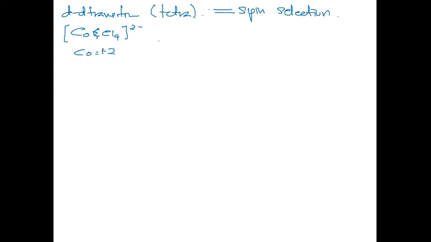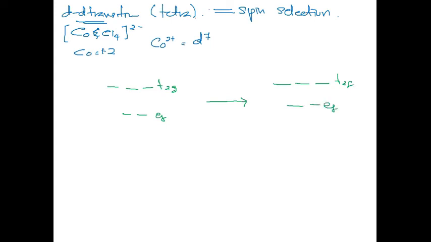Co2 plus, if you do the electronic configuration, you will get 7. So we arrange it, because it is a D to D transition, and because this is a tetrahedral, the T2 will be at the top and the E will be at the bottom. So this is a D7.